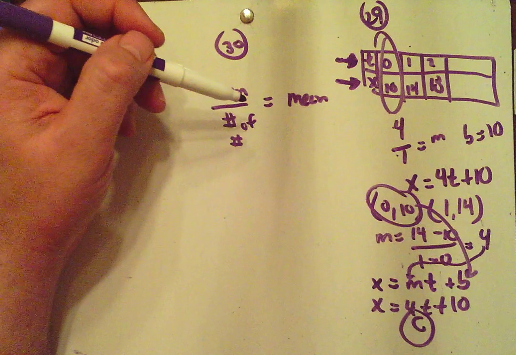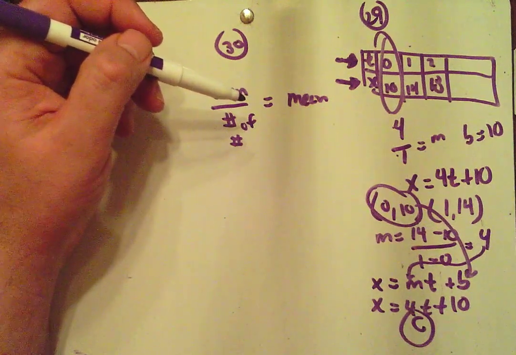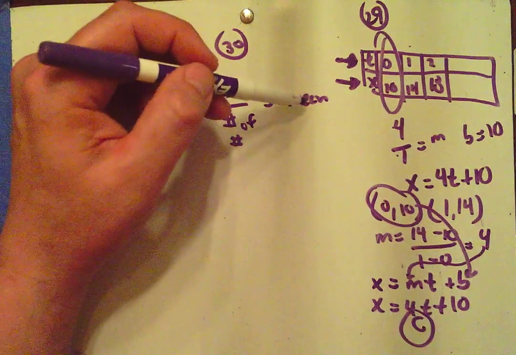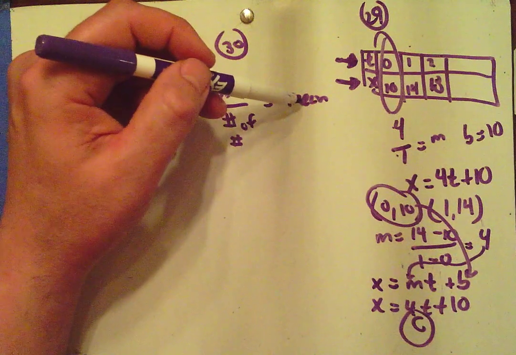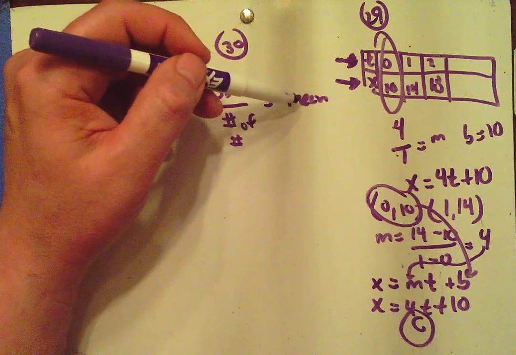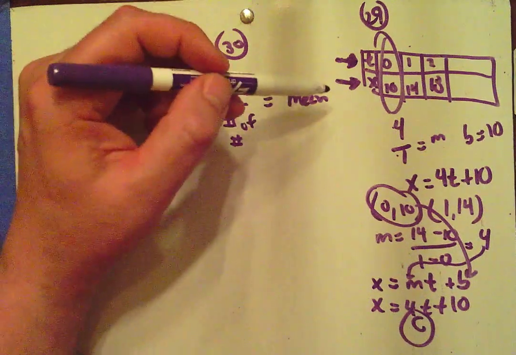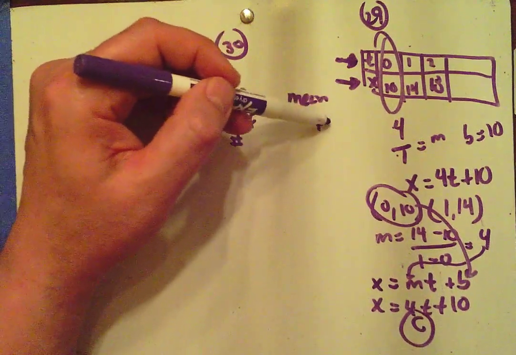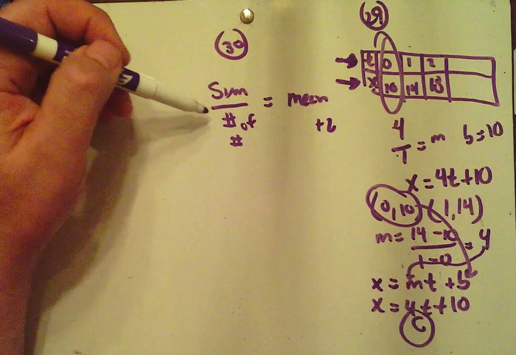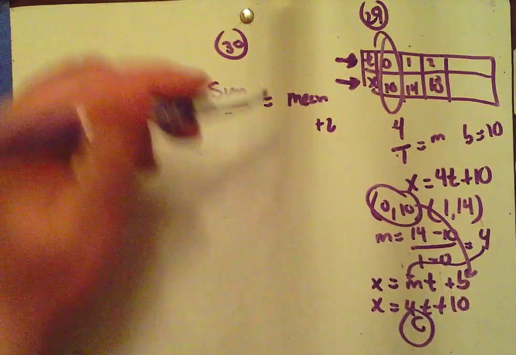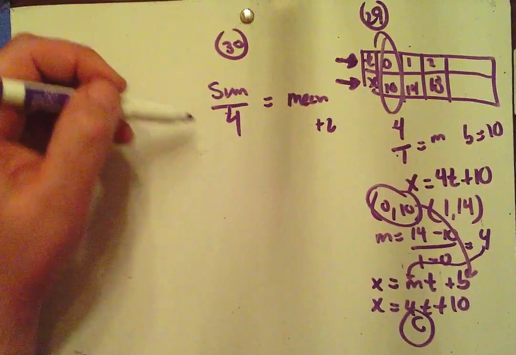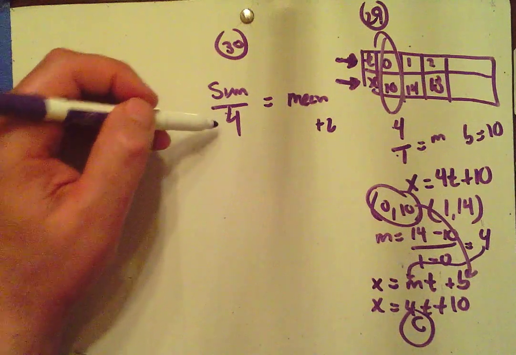Now, it was to increase the mean of four numbers by 2. If I want this to go up by 2, and I know that there are 4 numbers, the sum would go up by how much?